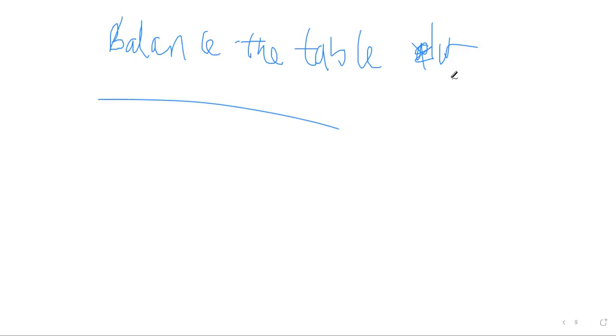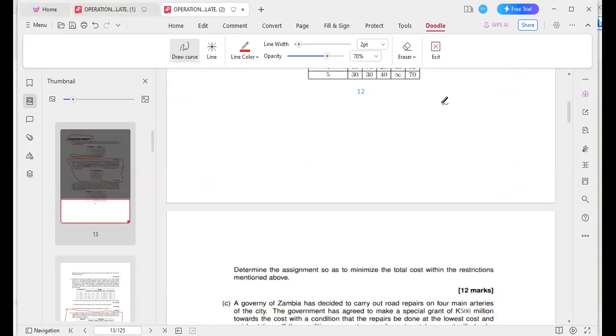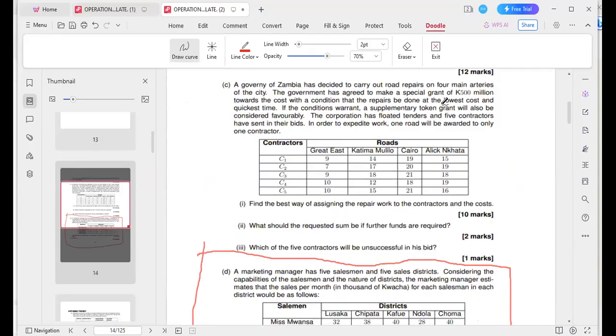Okay, so in your own time, try the next question. It says the government of Zambia has decided to carry out road repairs on 4 main arteries of the city. The government has agreed to make a special grant of 500 towards the cost with the condition.